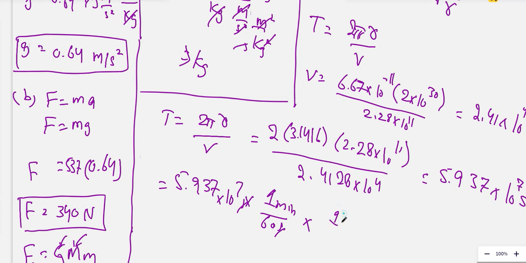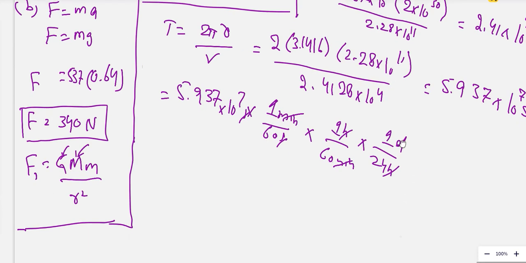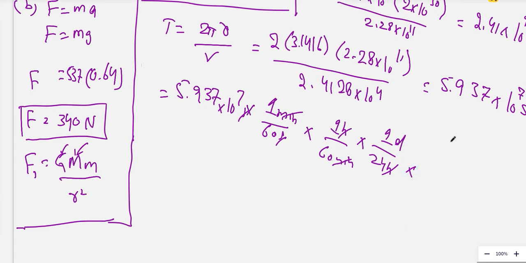So 1 hour divided by 60 minutes will cancel the minute and it is converted into hours. Multiply by 1 day by 24 hours, so it is converted into days. As there are 365 days in 1 year, 1 year divided by 365 days, so it is converted into years.